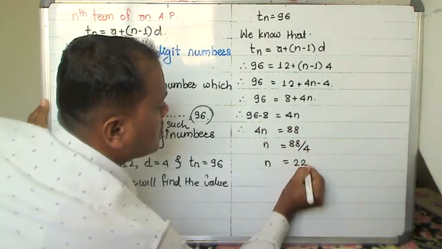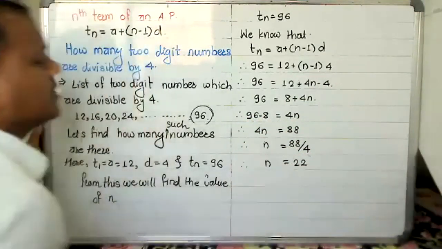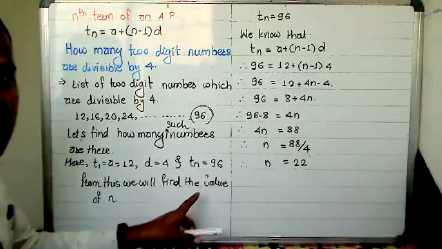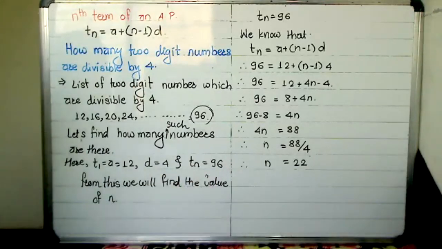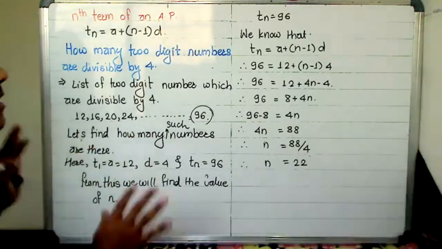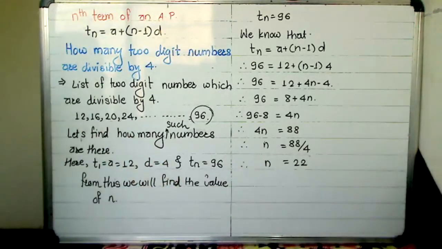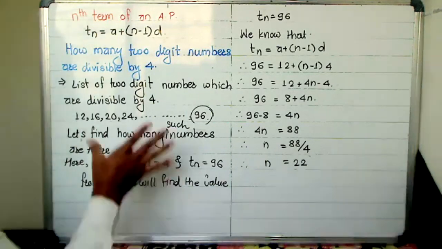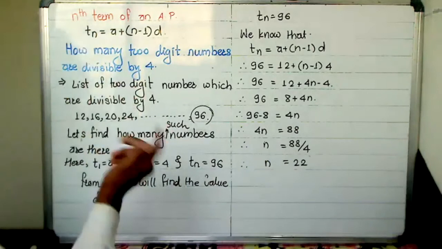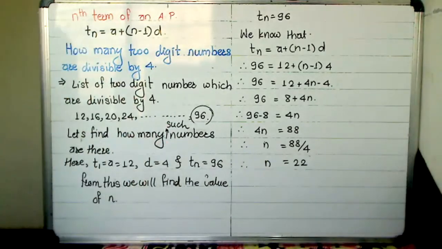So n is equal to 22. n is 22 means 96 is the 22nd term of this AP, which is the last term. It means that in total, there are 22 terms which are divisible by 4 and have 2 digits. So there are 22 two digit numbers which are divisible by 4.